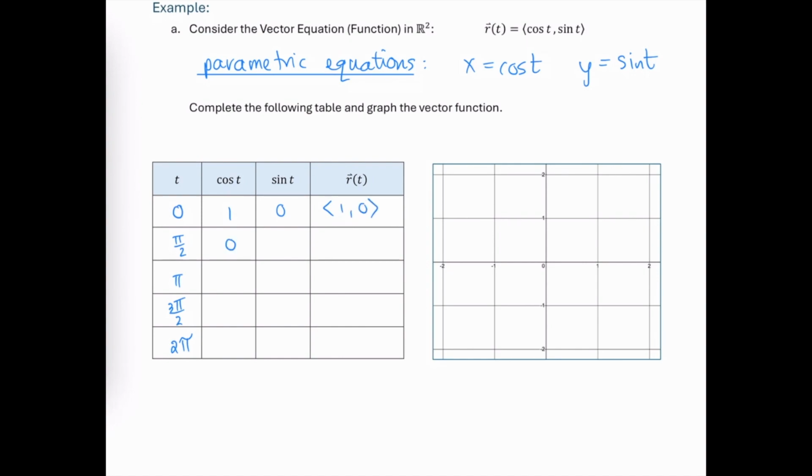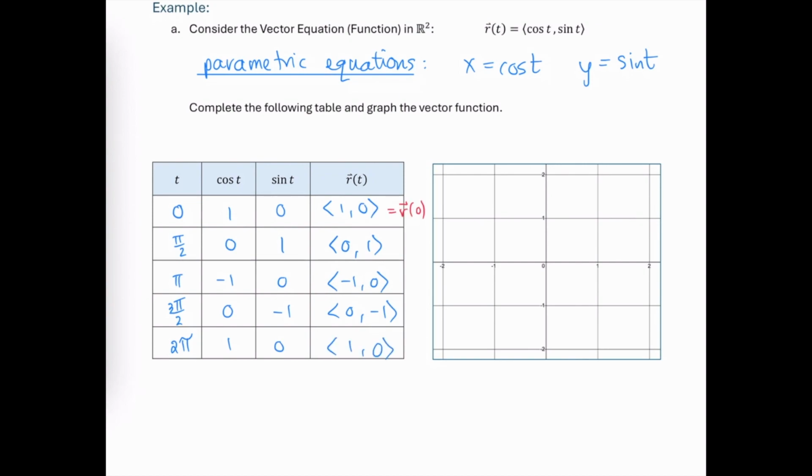The cosine of pi over 2 is 0, the sine of pi over 2 is 1, and so our output vector is <0, 1>. At pi, we have a cosine of negative 1 and a sine of 0, so we get <-1, 0>. Notice we have pointy brackets here. These outputs are vectors. At 3 pi over 2, we have <0, -1>, and at 2 pi, we again have <1, 0>.